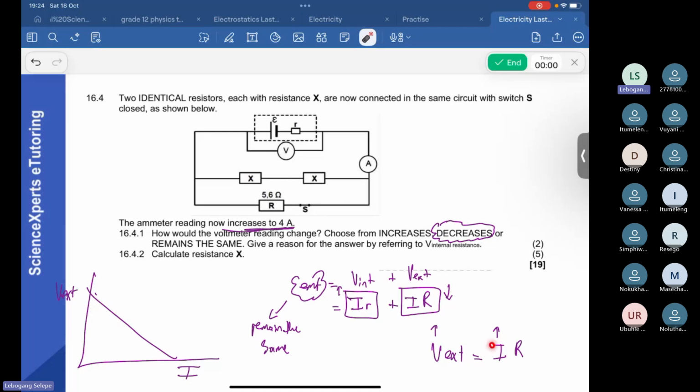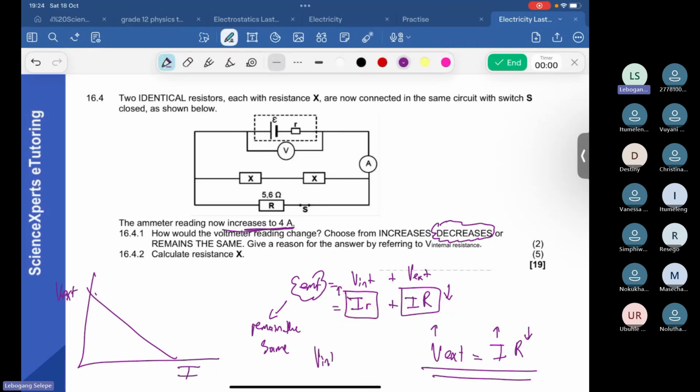So for us to increase this current, we actually decreased the resistance first. Can you see that two things are changing? So we don't have a clear relationship here. That is why we can't use this to explain that as current increases, V external increases, because this is not constant, by the way.